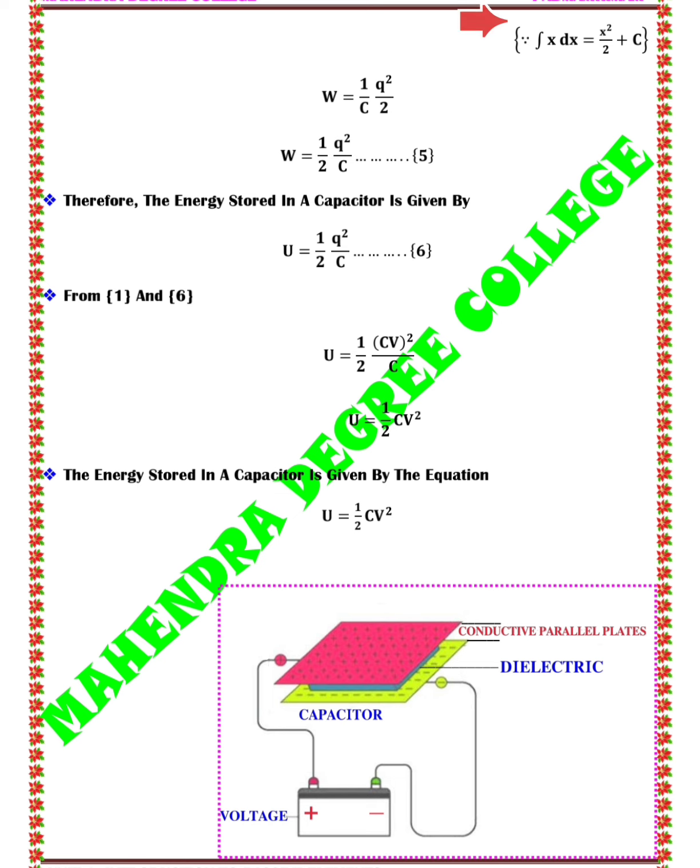We know the integration formula, integral x dx equals x square by 2, where integral q dq means q square by 2, and apply the limits 0 to Q on q square by 2.